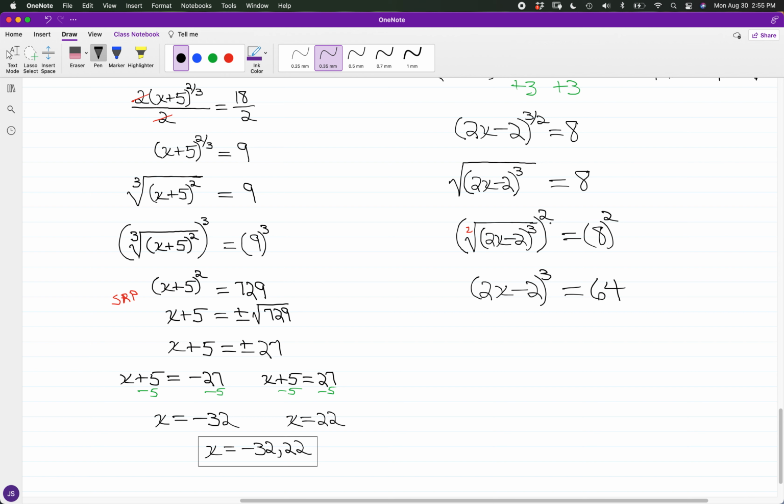So I took an exponent to get rid of a radical earlier; now I'm going to do it the other way around. So how do I get rid of the cube? That's going to be to take a cubic root. So in this case, I want to have 2x minus 2, not 2x minus 2 to the third.